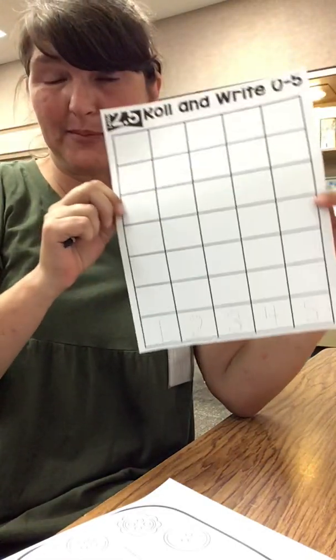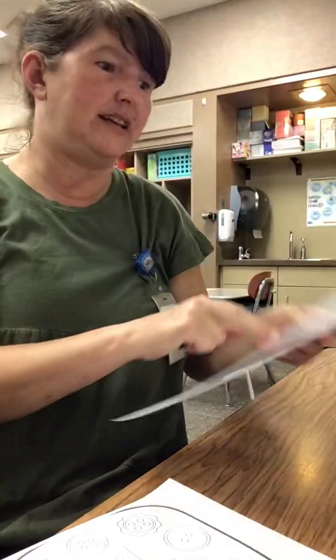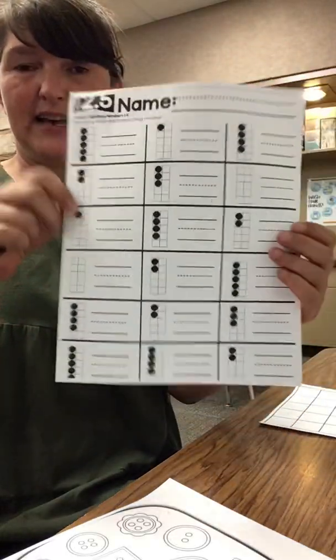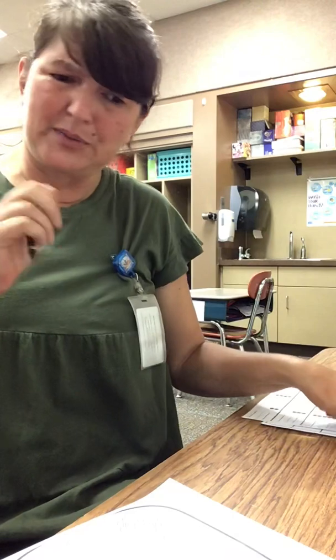You guys have done papers like this before, so this is just a fun practice of writing our numbers. And you also will count to see how many dots and write that number here. I think both of those papers are pretty easy for you guys. Work hard and do your best work. You don't want to rush through your work. And you can take your math pages home with you today.